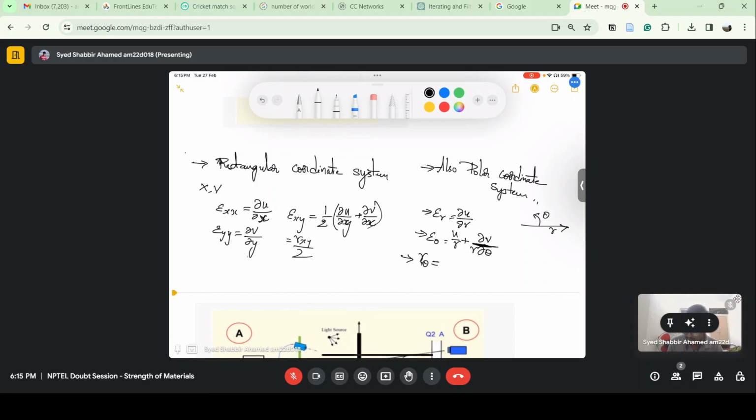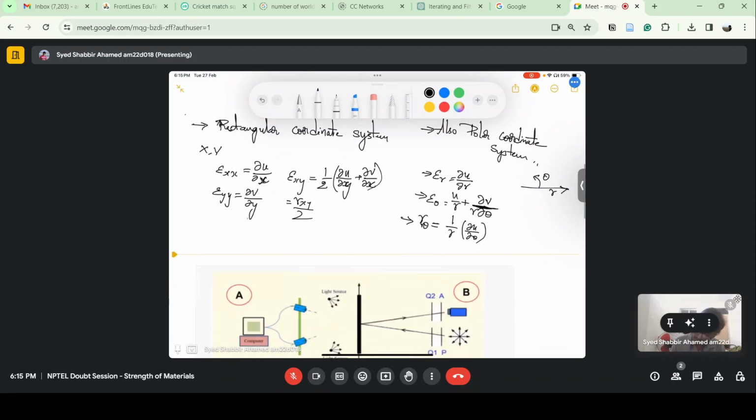This has to be 1 by r into dou u by dou theta, plus dou v by dou r, minus v by r. Here you can see this term is extra and r comes in extra. Whenever we have theta in the denominator, remember that we will get this r as an extra term. This term is similar to the rectangular one, but we have r extra, and this one is extra here.